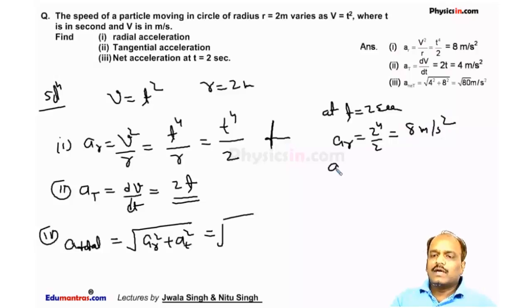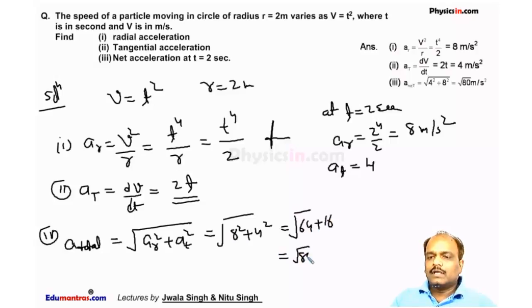This is ar, and at is equal to 4. So we have root over 8 square plus 4 square, that is root over 64 plus 16, so it is equal to root over 80 meter per second square. This is the total acceleration at t equal to 2 seconds.